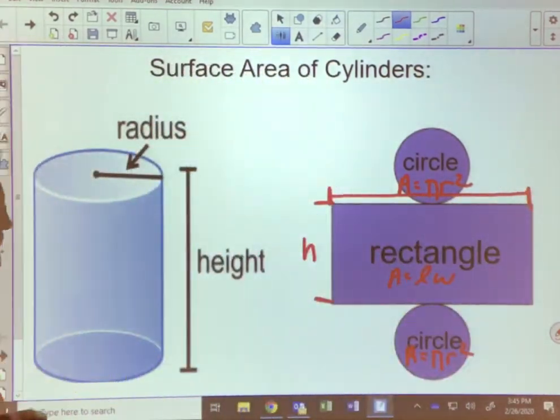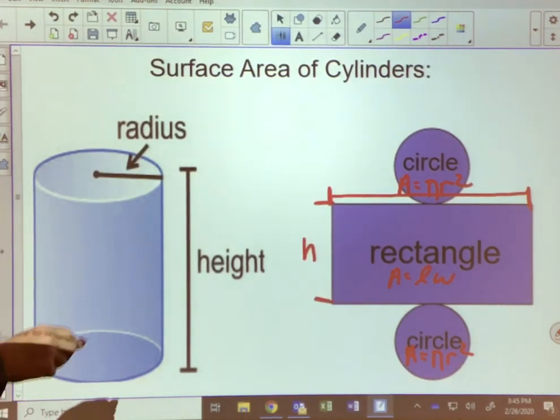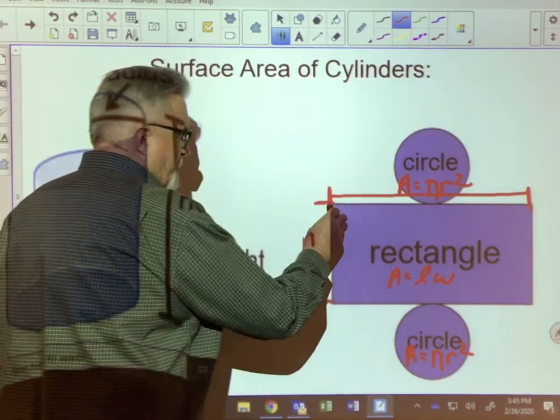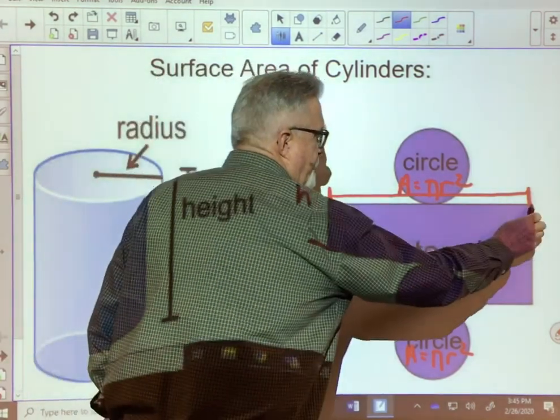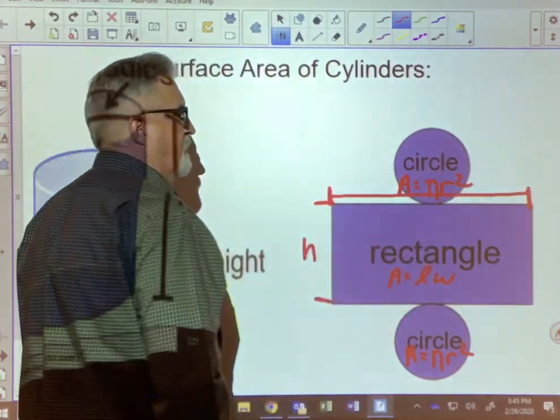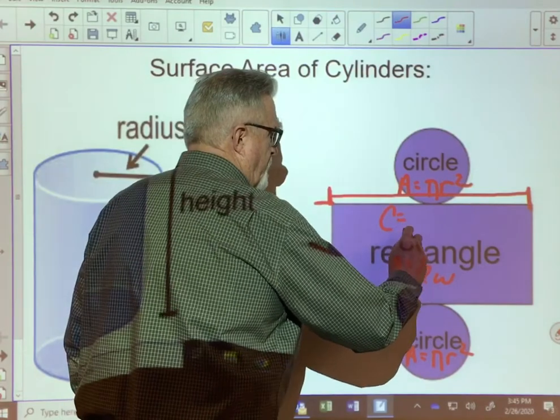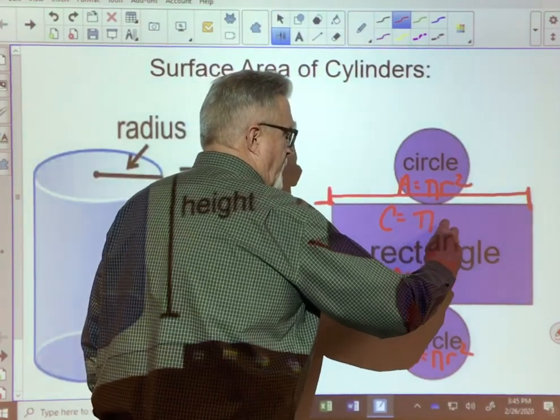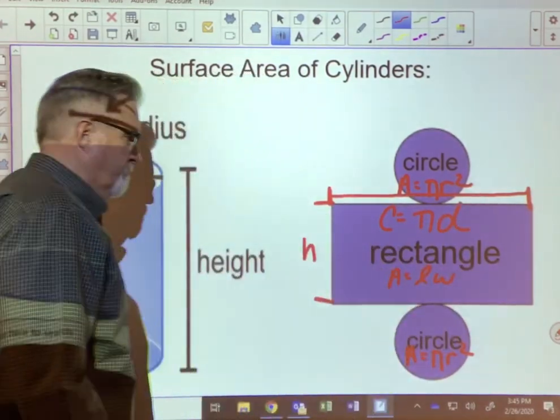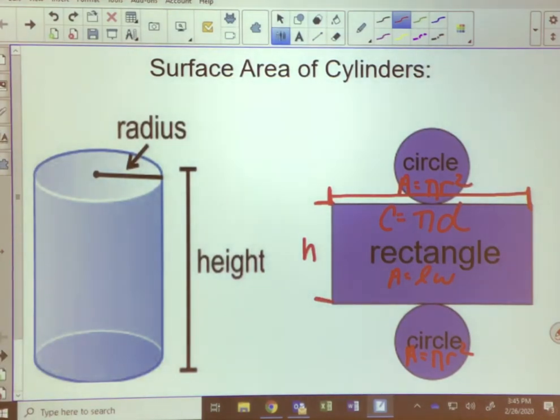And if we think about the distance around the outside of a circle, which is the circumference, the distance from this edge to this edge would be equal to the circumference of that circle. And we know that the formula is circumference equals pi times diameter. If you need a minute or two to get that down in your notes, just go ahead and pause and start back up when you're ready.